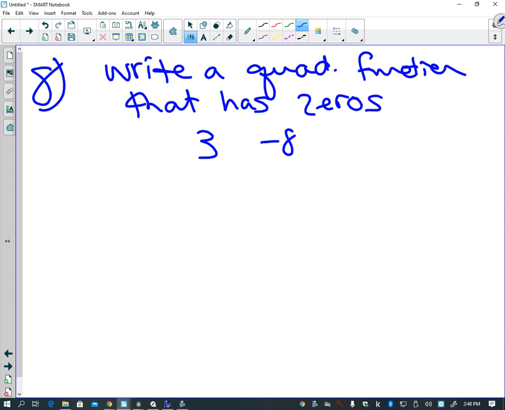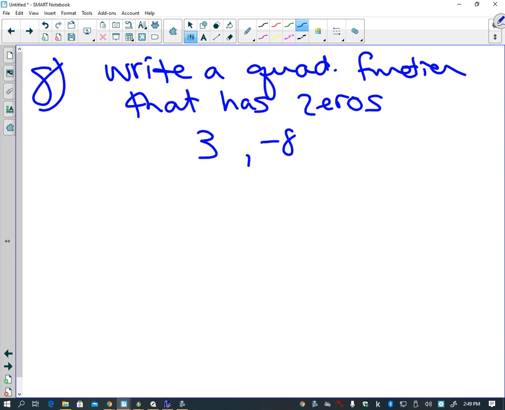Okay? Give me a quadratic function that has zeros that are 3 and -8. So we take this, right? So you know how whenever we factor something, we said, let's say it's x minus 7, all in parentheses, and then x plus 9 in parentheses. And we took those individual pieces, we set them equal to 0, and we solved, right? So the 3 and the -8 here is what we get when we've solved.